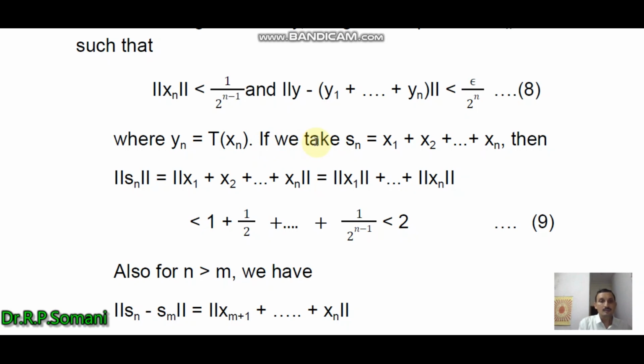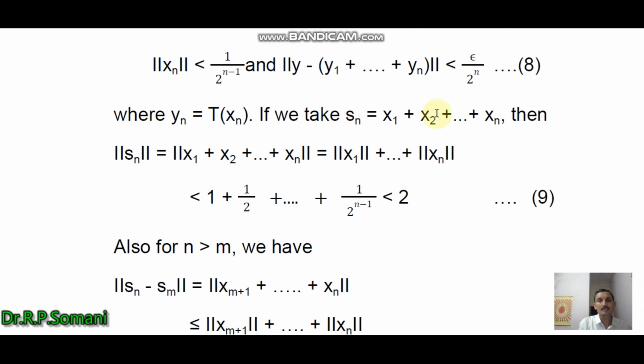So now if we take Sn equal to x1 plus x2 plus so on xn, then norm of the Sn equals norm of the x1 plus x2 plus xn, and this should be less than or equal to norm x1 plus so on norm of the xn, and this is less than 1 plus 1 by 2 plus so on 1 by 2 to the n minus 1, which by applying the property of geometric progression is less than 2.